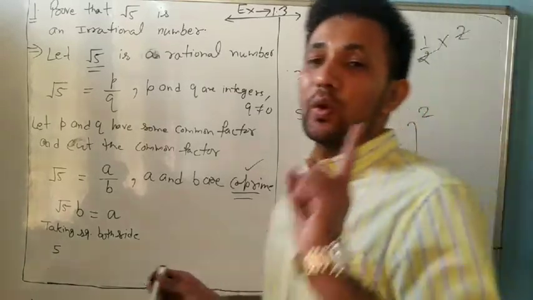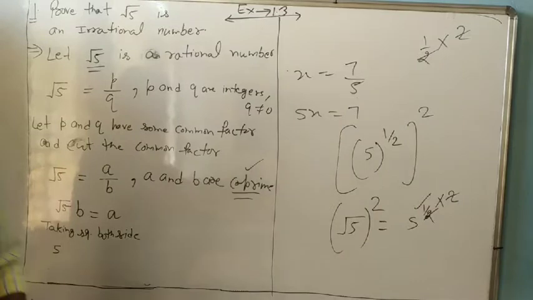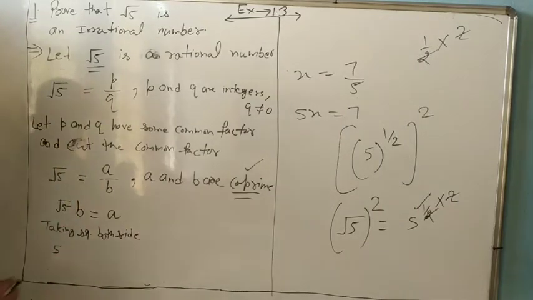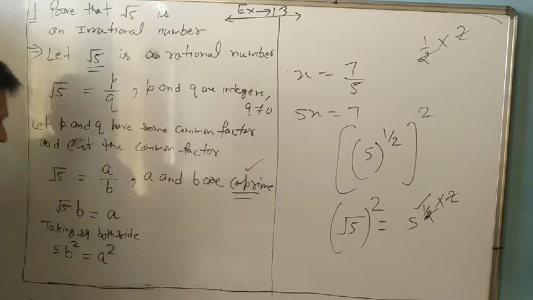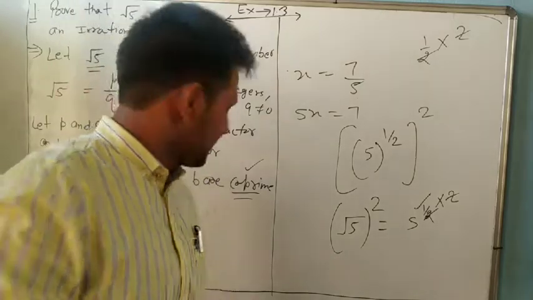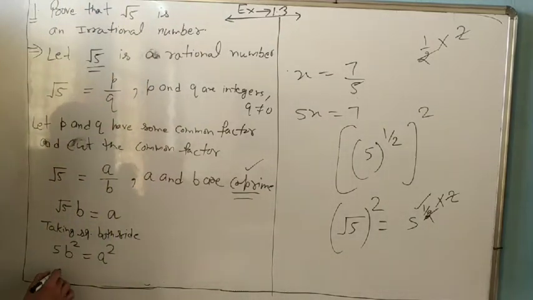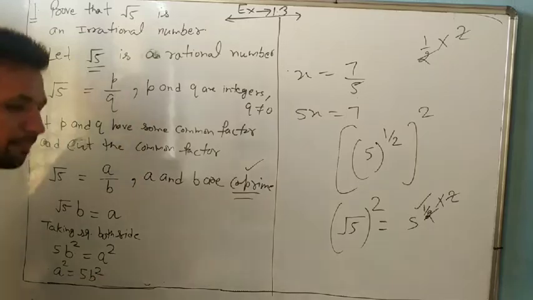So the square of root 5 is 5, and B squared equals A squared. Understand it? Understand or not? Can I write it as A squared equals 5B squared? Understand?